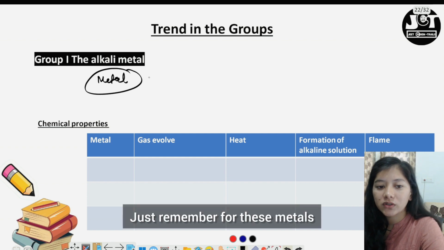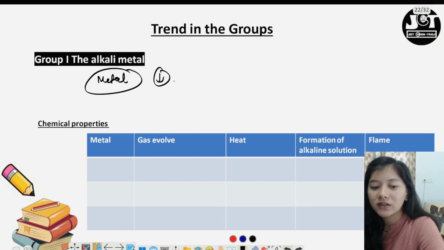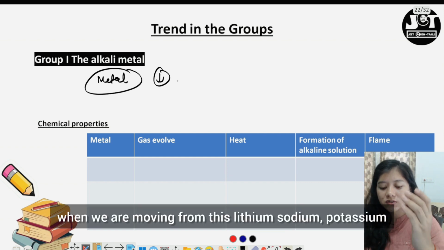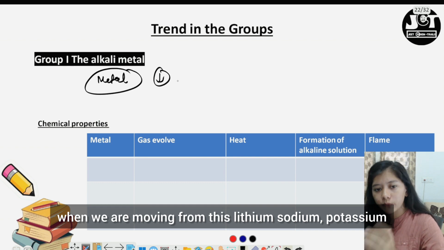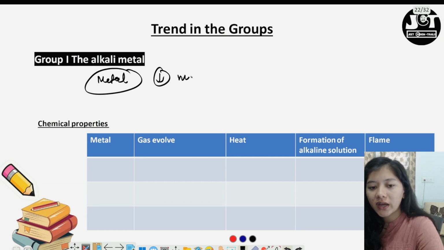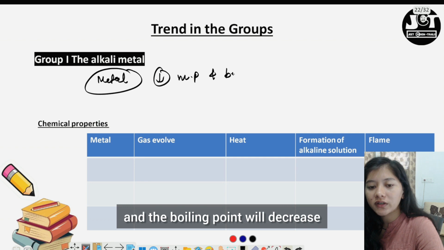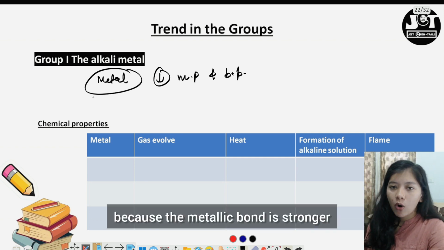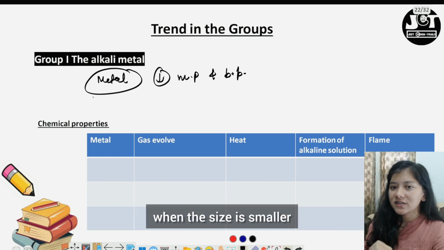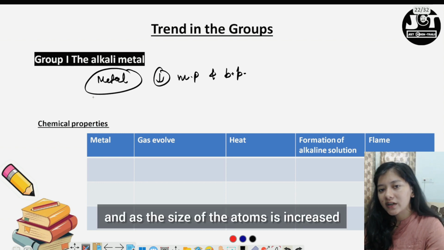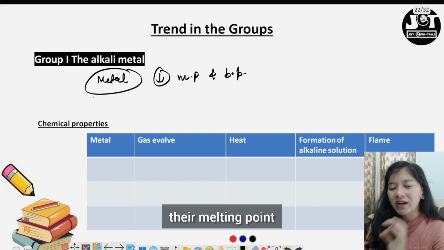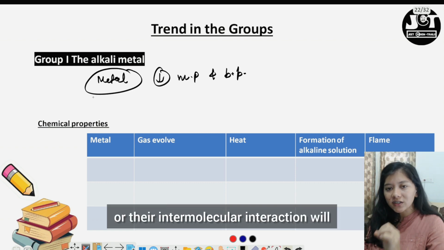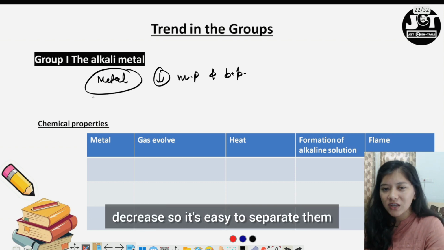Just remember, when we are moving from lithium to sodium to potassium, their melting point and boiling point will decrease. Why is that? It's because the metallic bond is stronger when the size is smaller, and as the size of the atoms increases, their intermolecular interaction will decrease, so it's easy to separate them.